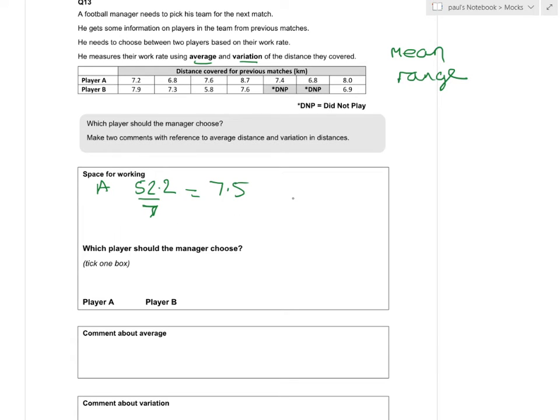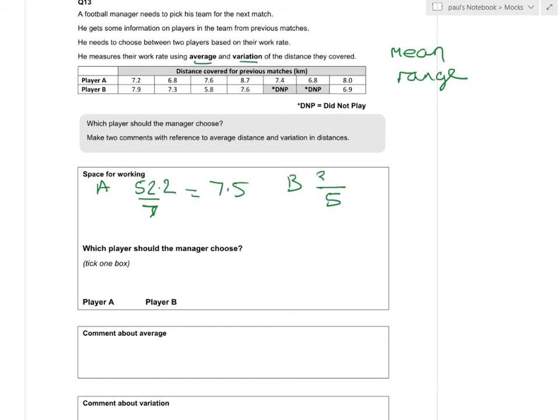Right, player B, now we're going to add these up, there's 1, 2, 3, 4, 5. Only going to divide it by 5 this time. So player B: 7.9 plus 7.3 plus 5.8 plus 7.6 plus 6.9 equals 35.5.